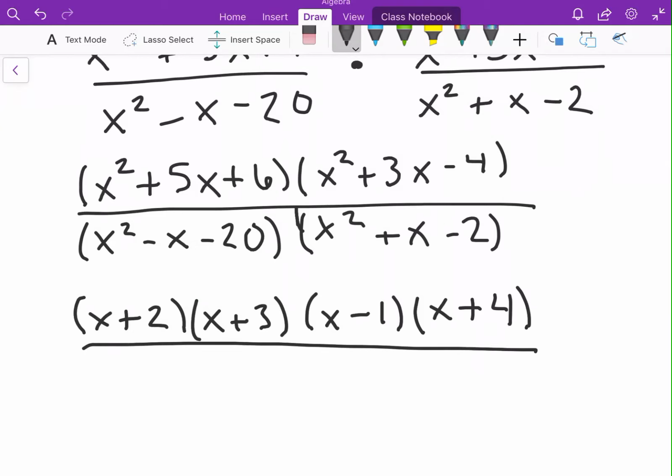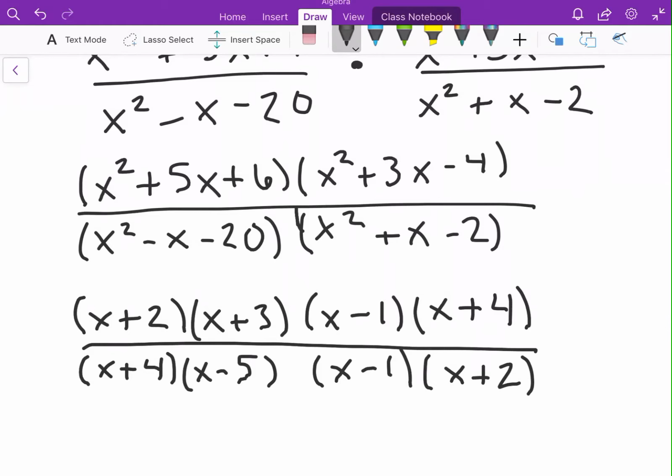In the denominator, we then are going to factor x squared minus x minus 20. This factors into x plus 4 and x minus 5. We then are going to factor x squared plus x minus 2. And that factors into x minus 1 times x plus 2.